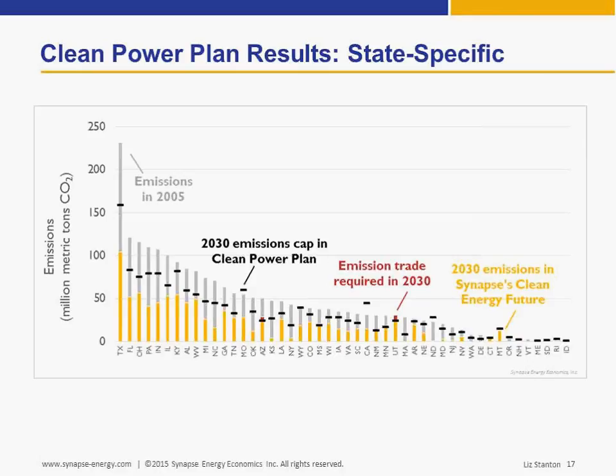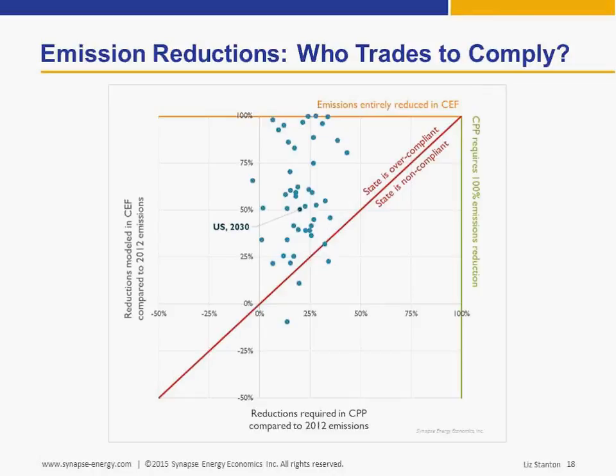They might be renewable energy REC credits, or it might be some other kind of certificate with which we buy and sell compliance with the Clean Power Plan, or we're buying and selling CO2 rights. In the clean energy future, we see four states that need to trade with other states to comply.